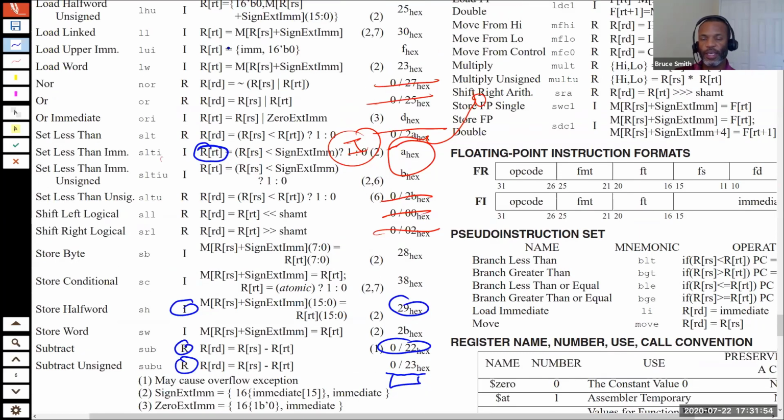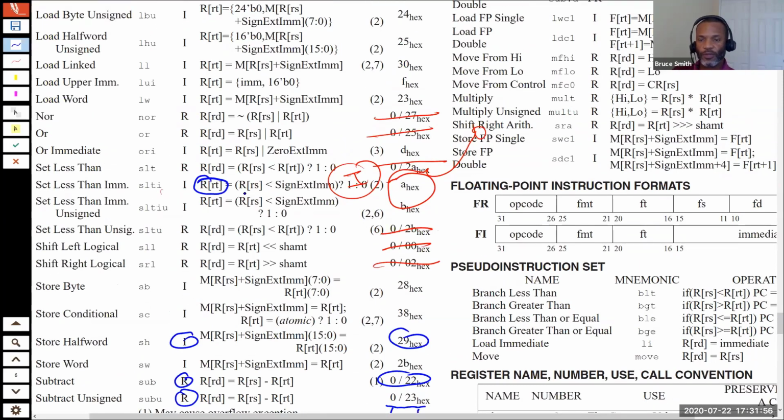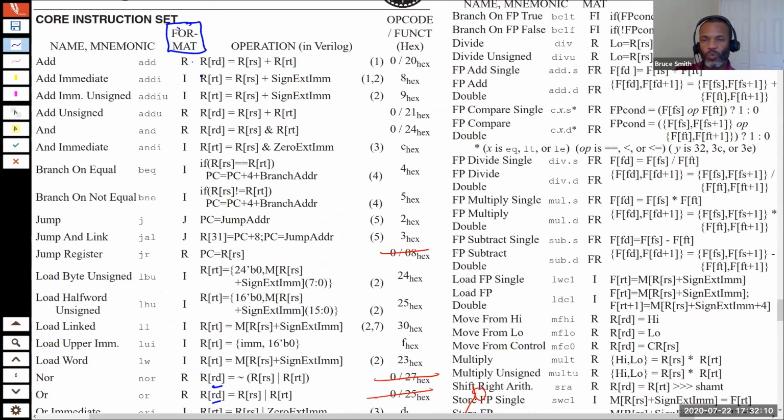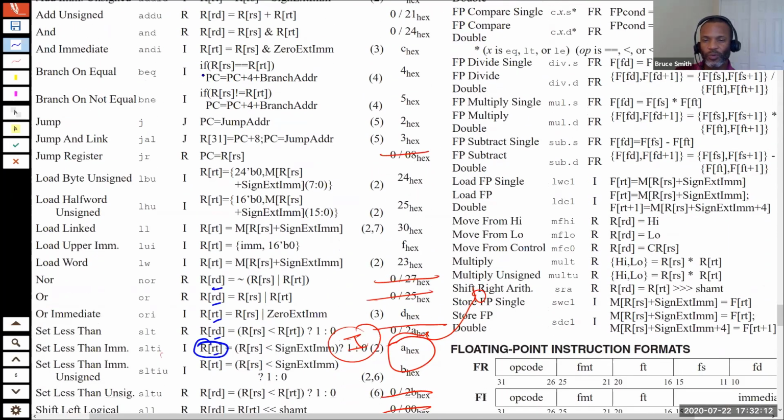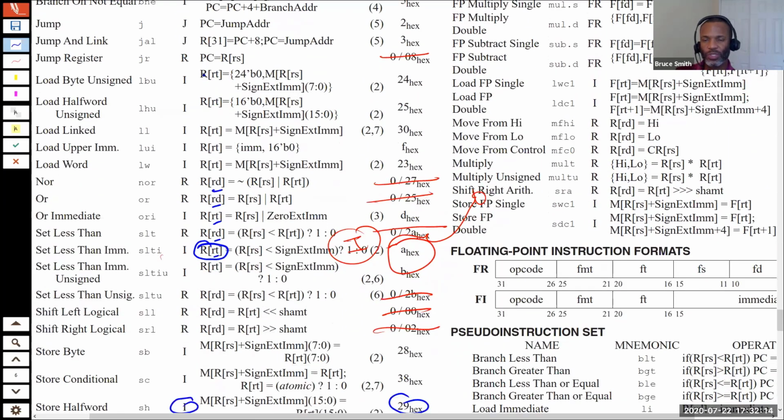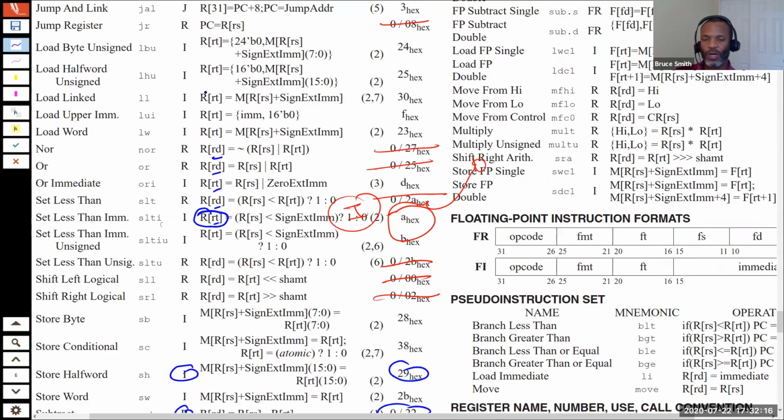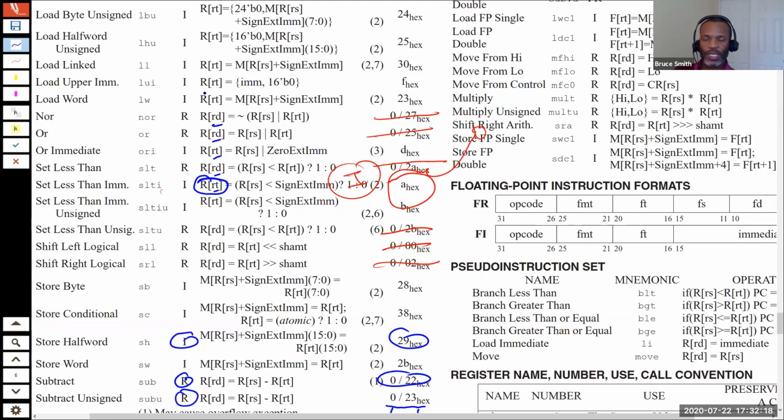Generally, everything that gets overwritten is going to be in the RT or the RD box. So it's kind of like the destination or the target. RS will never be a register that gets written to. So RT is always the guy who gets clobbered, either RT or RD.